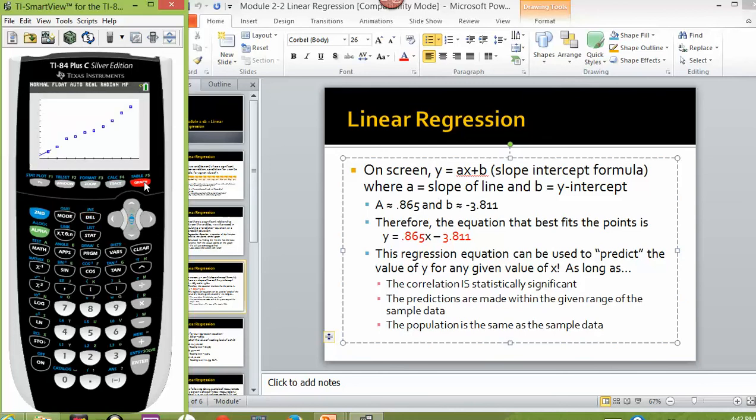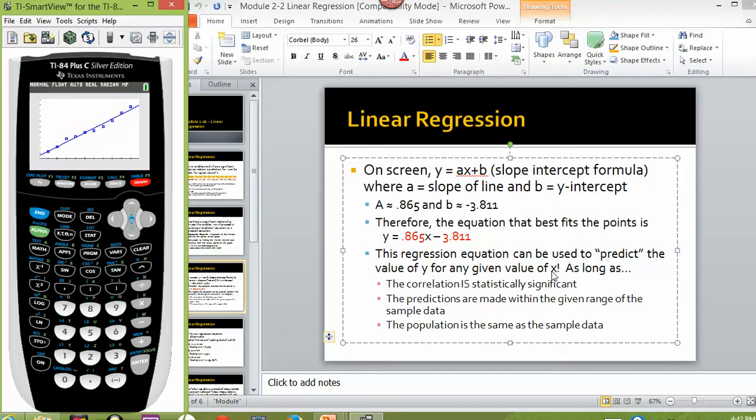So now I'm going to hit graph, and what this does is we can actually see the equation of best fit, the predictor equation, the regression equation, the line that best fits these points. The regression is an equation that can be used to predict the value of any y for any given value of x.